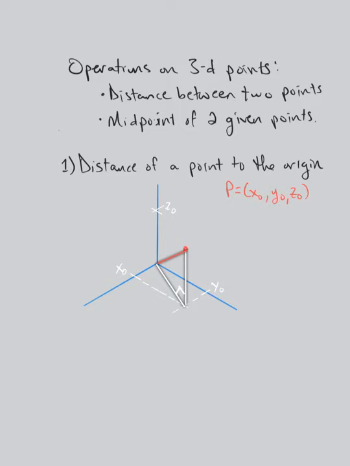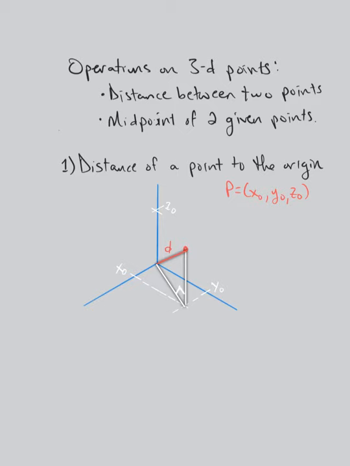The reason that is a right angle is, you've got to remember we have some distortion going on, but this line right here is dropping straight down to the xy plane. So this line and this line have to be perpendicular to each other. Now, again, just to remind you what we're trying to do, we're trying to find the length of this line right here that we would call the distance back to the origin.